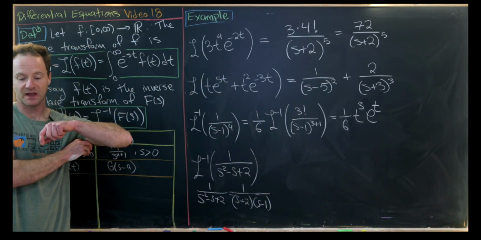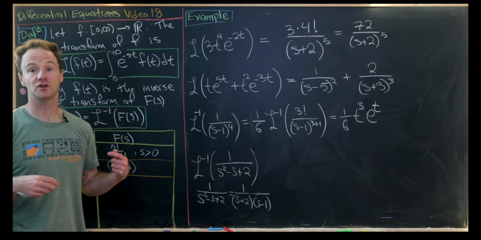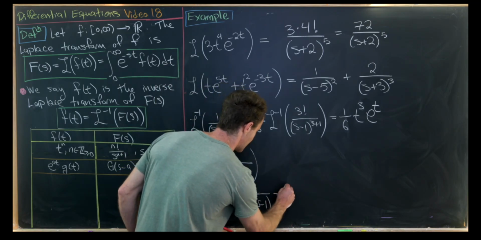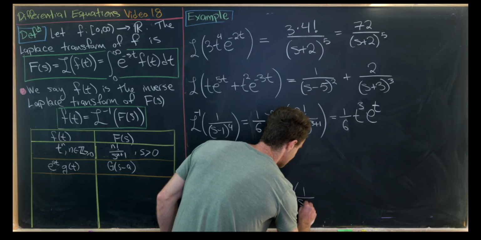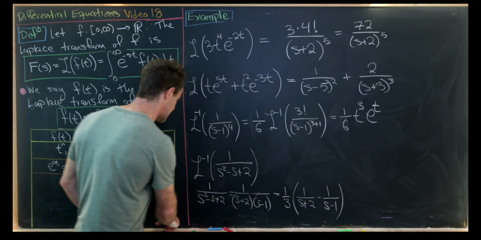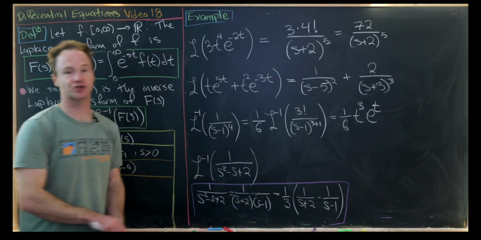Now, we're deep into this differential equations class, so likely you know how to deal with partial fraction decomposition. So I'll just write out that this turns into 1/3, and then we'll have 1 over s minus 1 minus 1 over s plus 2.